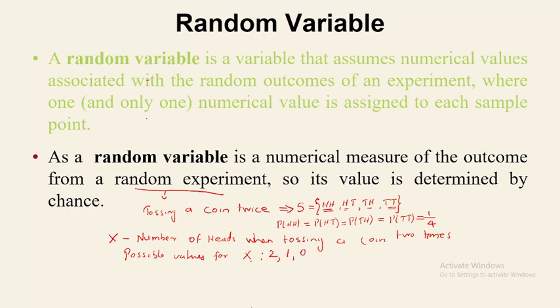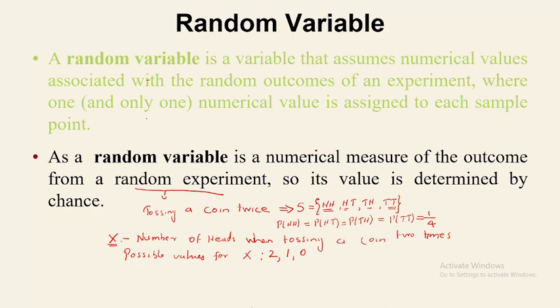So here, what are the possible values for X? 0, 1, 2. These values are determined by the occurrence of these outcomes, right? So now this variable is called a random variable. A random variable is a numerical measure of the outcome from a random experiment.